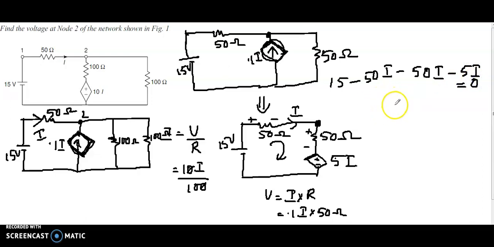That is, I is equal to minus 15 by minus 105, that is equal to 0.142 ampere.